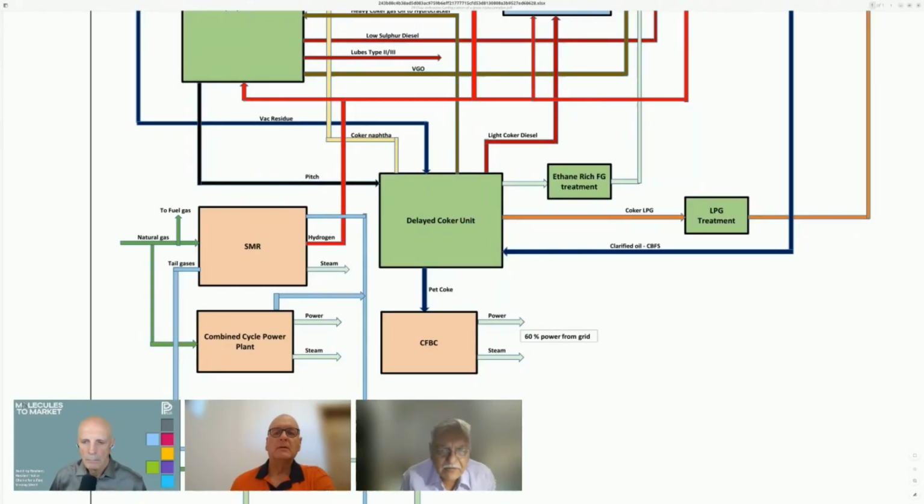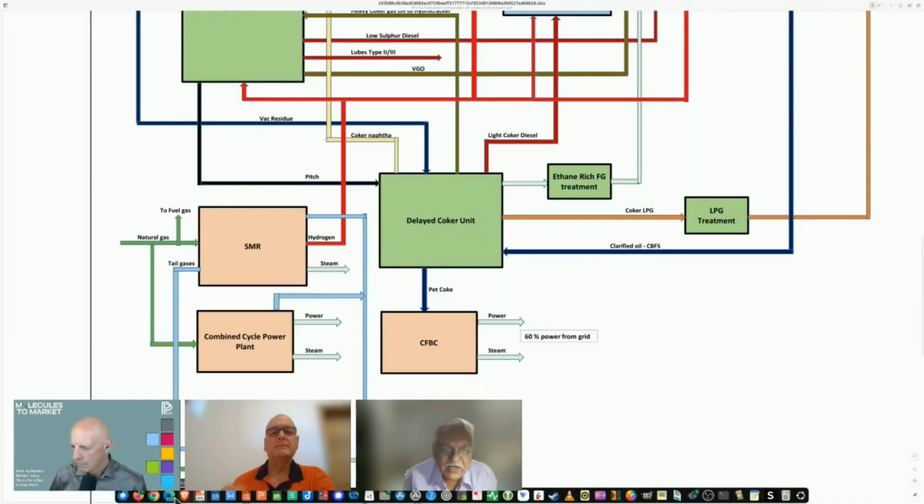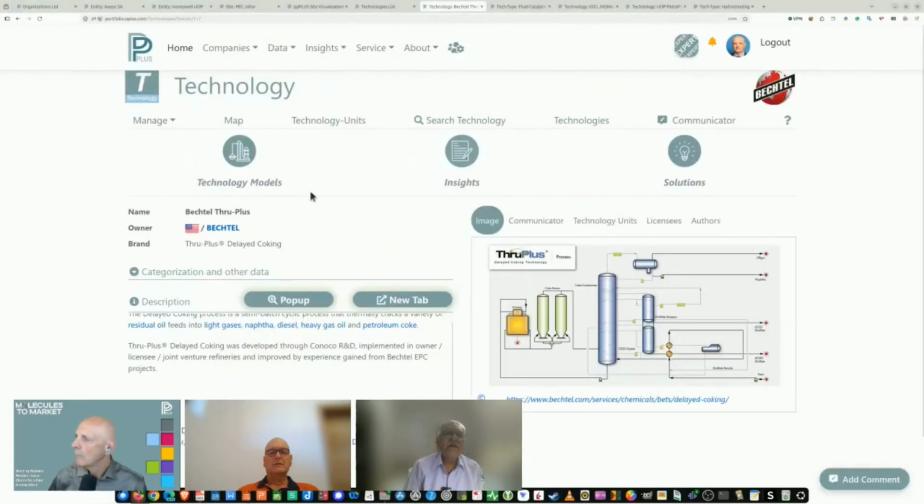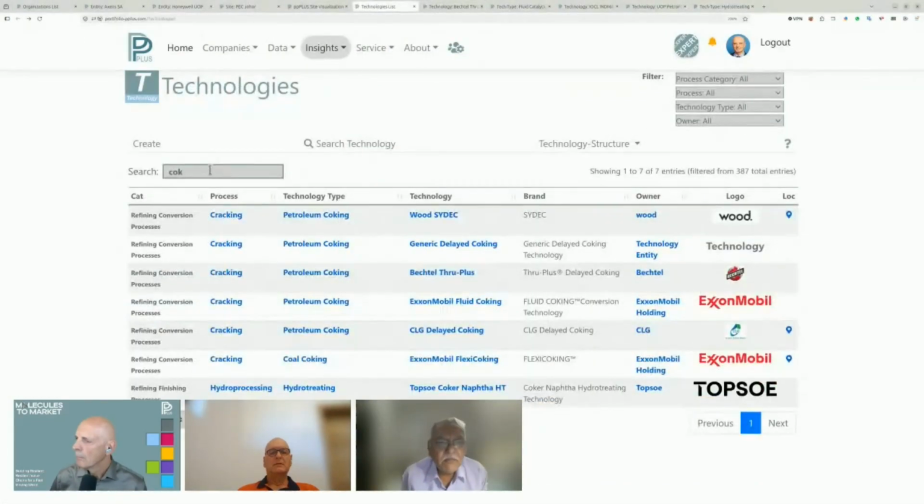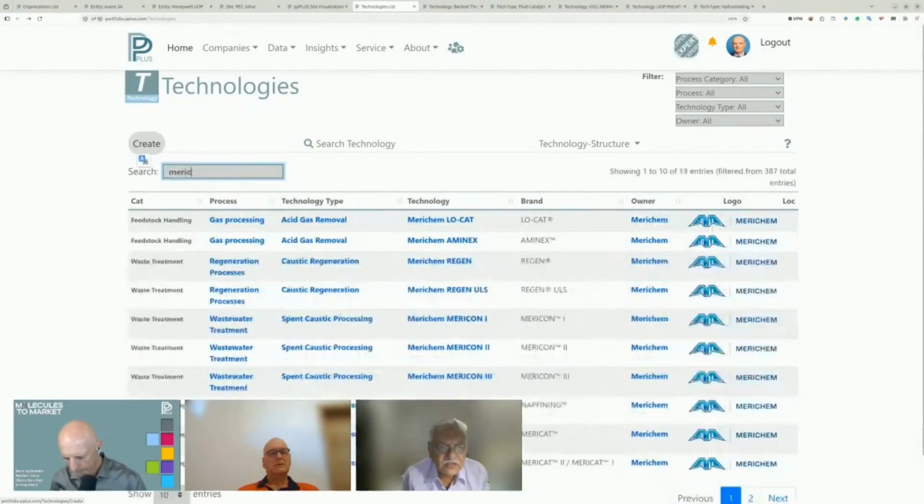If it's an LPG treatment, our experience with this is mostly Merichem. So we've seen only a Merichem unit being installed out here, because this coker LPG is a very tricky kind of affair. Although this technology is available with some companies in India, in the units which have been implemented, we've seen Merichem as one of the prospective technology.